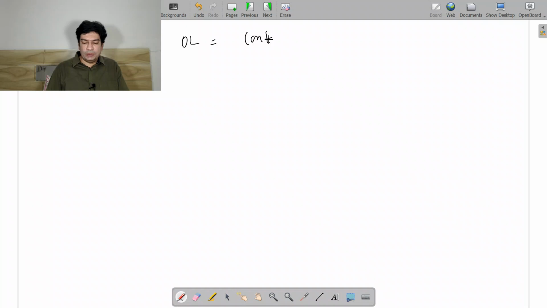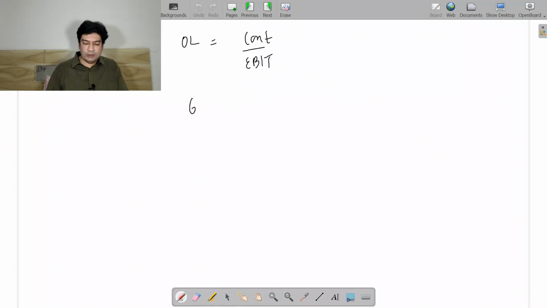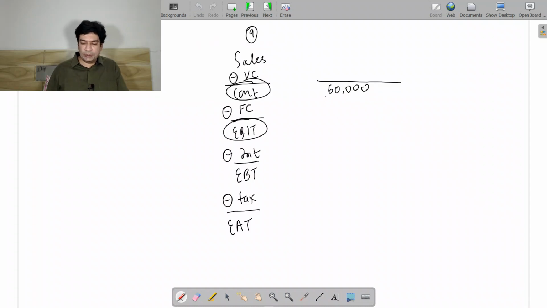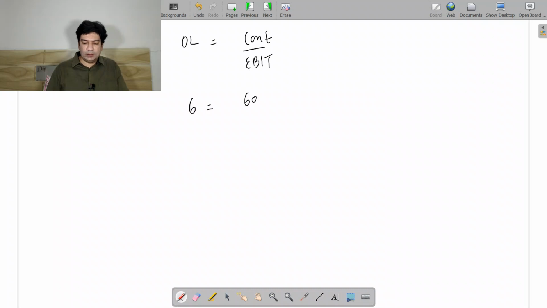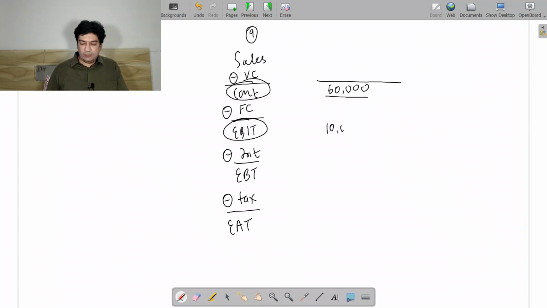They have given the operating leverage to be 6, and the contribution is 60,000. EBIT we will be able to find: 60,000 divided by 6. So EBIT you will get equal to 10,000. So 10,000 I will be writing here.